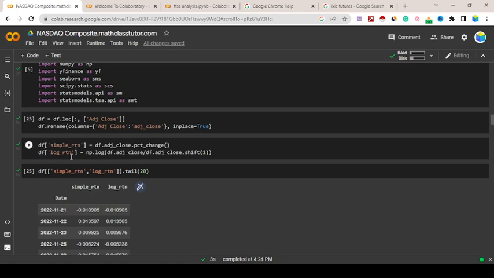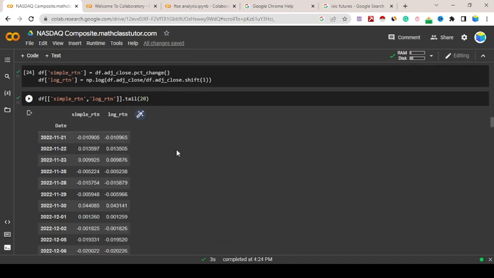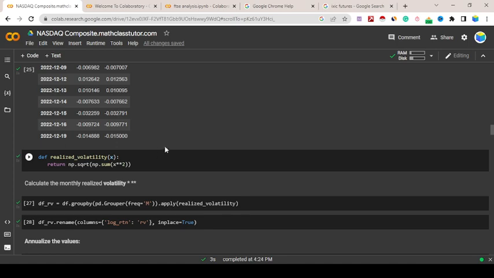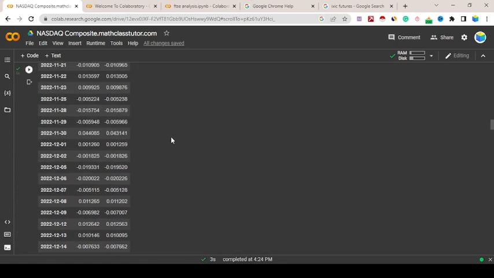Now we have the simple return and log return, and now we can easily plot the log return and simple return, and similarly we can easily compare both of them.